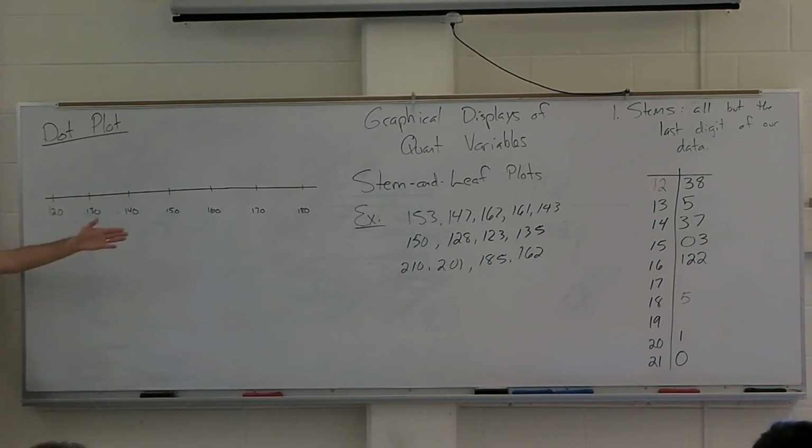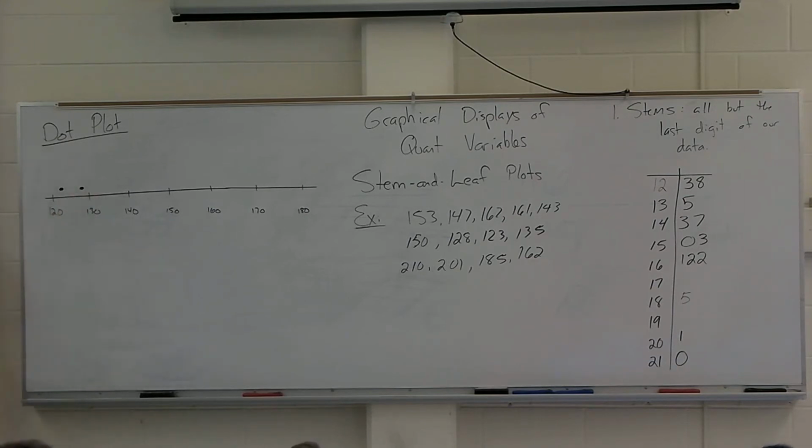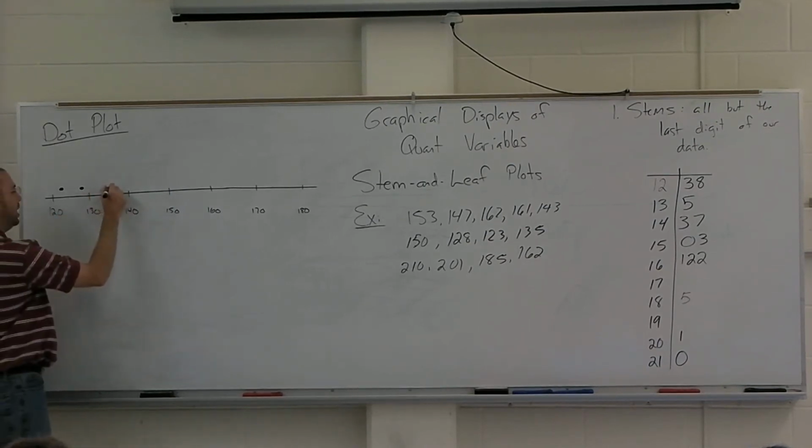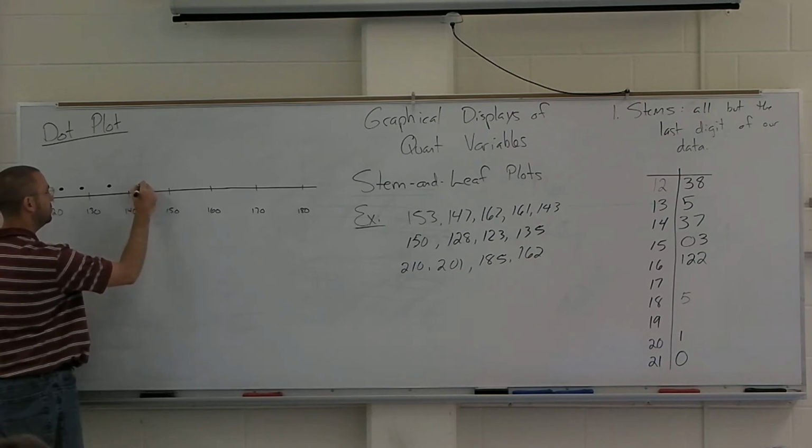Okay? For example, our first one we have 123. So I go to where I think 123 is approximately, and I'm just going to put a dot. There's the first value, 123. Do the same thing for 128, right about here. I'm going to put a dot. Continue on through the rest of my data. I have 135, so I'm going to put a dot at 135. I have one at 143, about there.